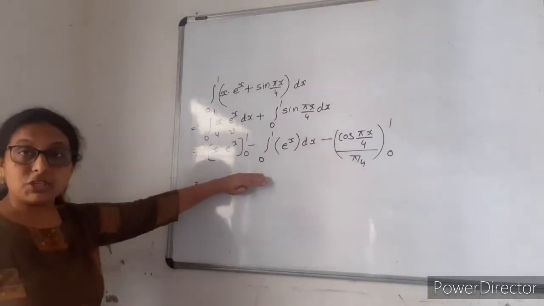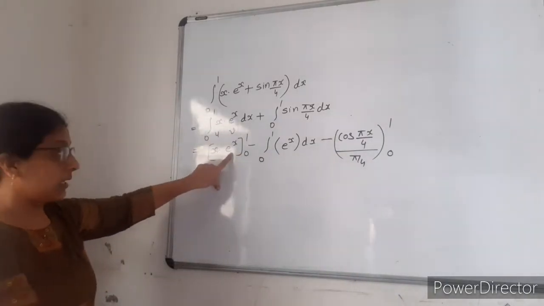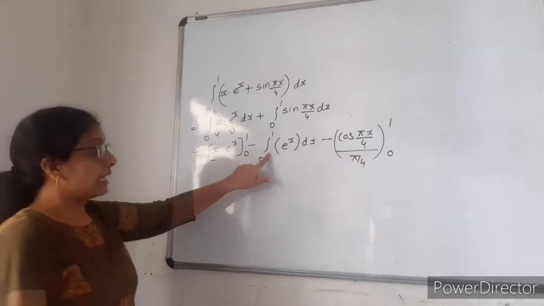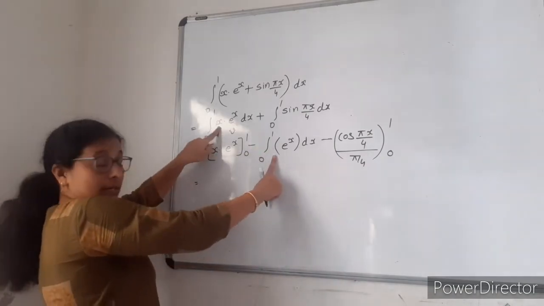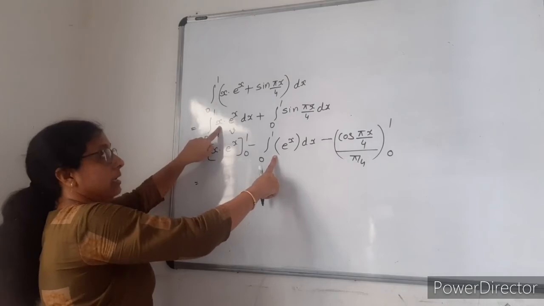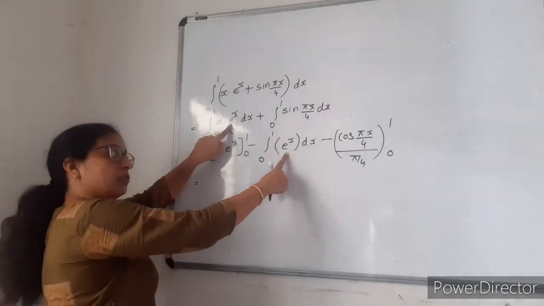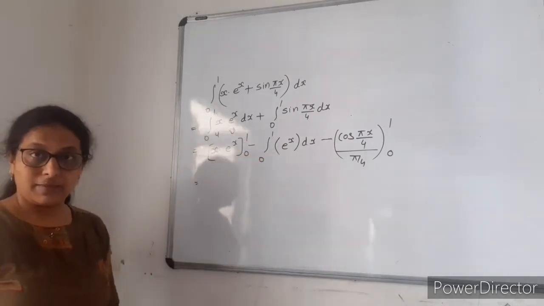You know this is integration by parts: u constant, integration of v, minus integration of d by dx of u, that is 1, integration of v, that is e raised to x. So I have written directly, right?